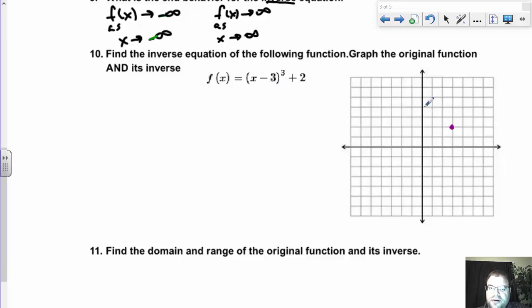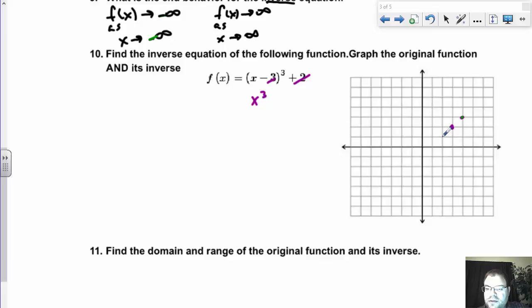After I account for these transformations, what I'm basically looking at is the function x cubed. So if I plug in 1, I'm going to go 1 over that way, and cube it, which means 1 cubed is 1. So if I go over 1, I'll go up 1. If I plug in -1, I'm moving over this way, and -1 cubed is -1.